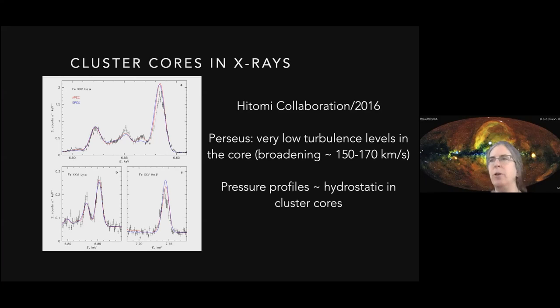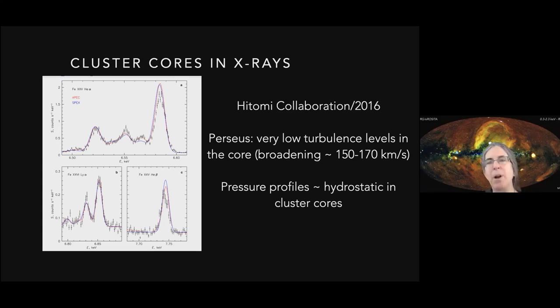It was able to make an observation of the center of the Perseus cluster and resolve the X-ray emission lines, primarily of iron here, and showed that there was very low turbulence levels in the core.